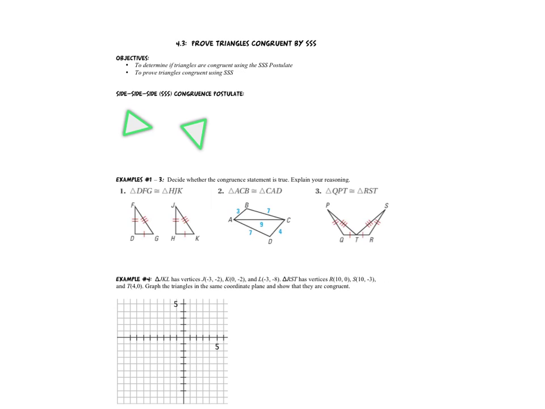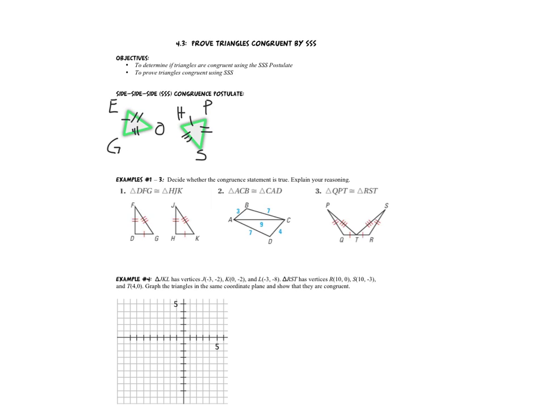Alright, so for example, say I have these 2 triangles that I drew here in green. I'm going to label the first one GEO, and then this one PHS. So say that GE is congruent to HP, EO is congruent to PS, and then GO congruent to HS.